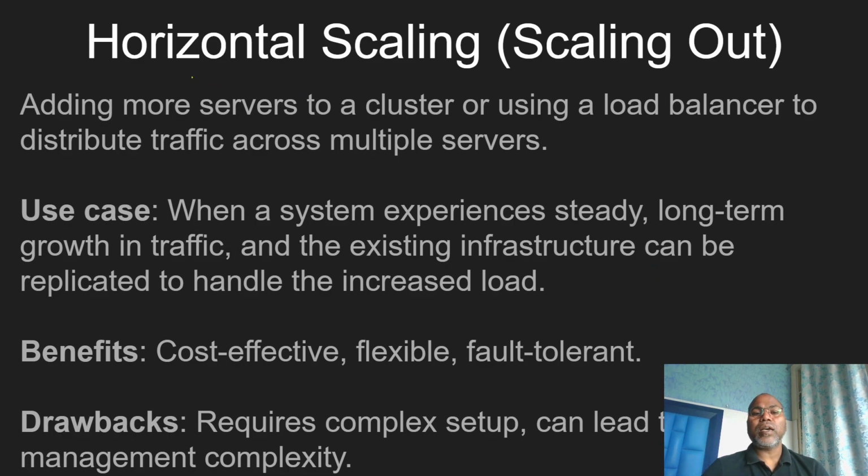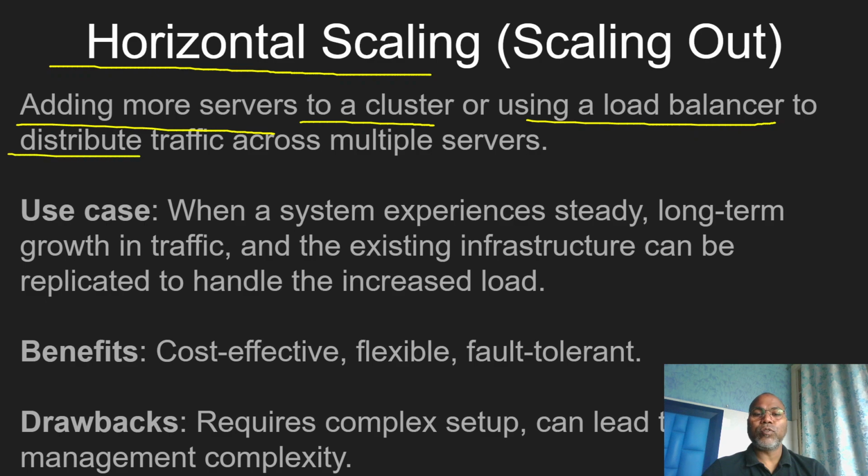The second kind of scaling is known as horizontal scaling. This means adding more servers to the cluster and using a load balancer to distribute your traffic and load. Say one server is handling the requests.